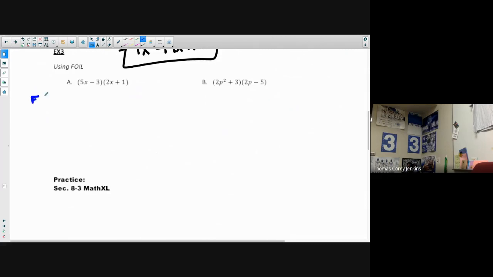So if I multiply the 2 first terms, that's going to be 5x times 2x. And then O would be the 2 outside terms. So that would be 5x times plus 1. Let me let my screen catch up here.